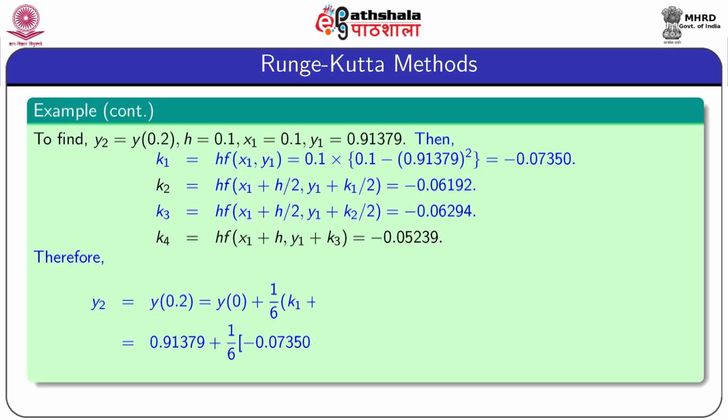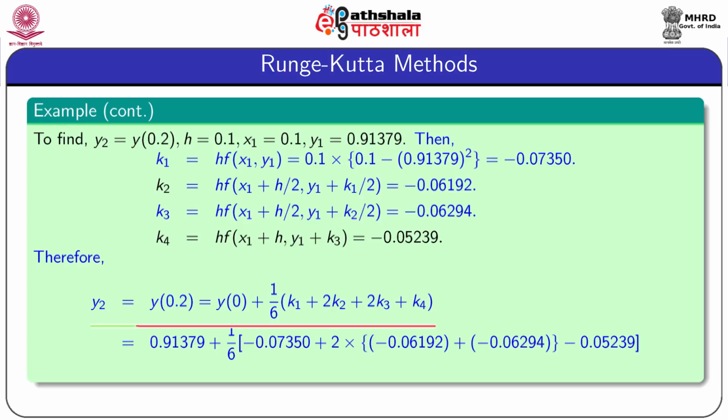So, using this value, y2 equal to y1 plus 1 by 6 into k1 plus 2k2 plus 2k3 plus k4, which is equal to this expression, and after simplification we get y2 equal to 0.85119. So, this is the value of y when x equal to 0.2.